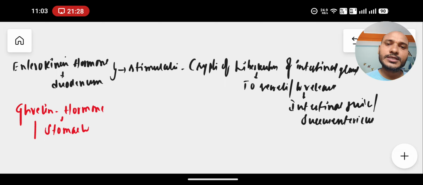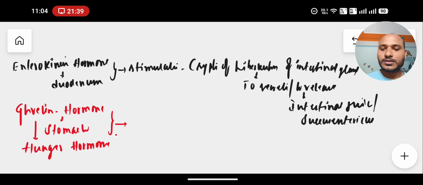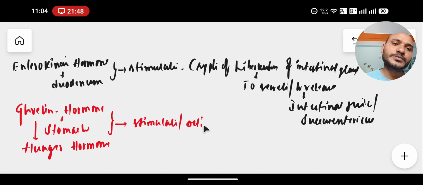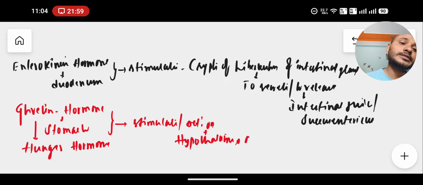This ghrelin hormone acts on the hypothalamus, a brain part, and the anterior pituitary gland.